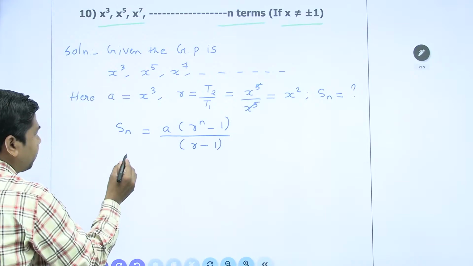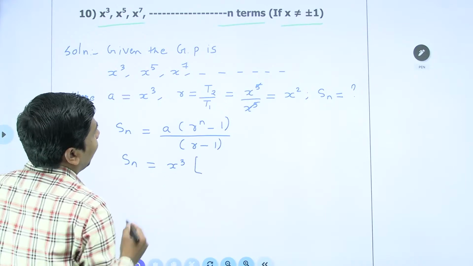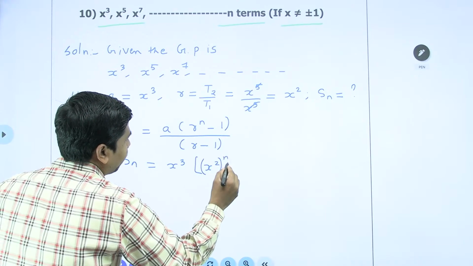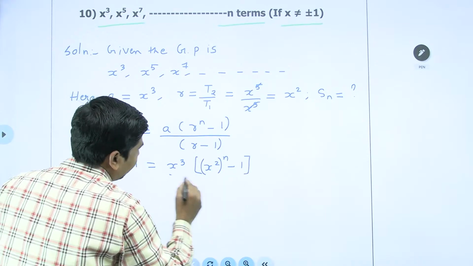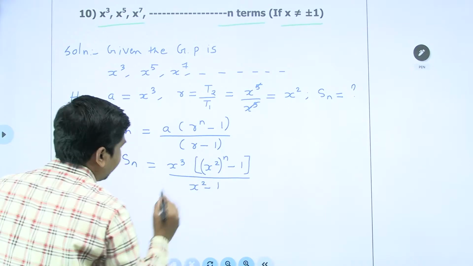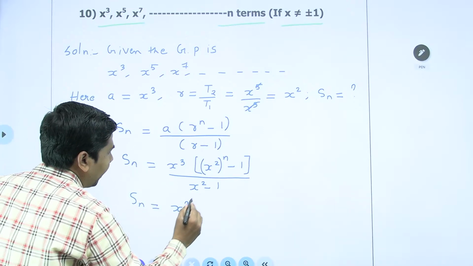Sn is equal to a, which is x cube, into r, what is r? It is x square raised to n minus 1 divided by r minus 1, what is r? x square minus 1. So the sum of the nth term Sn is equal to x cube into this.